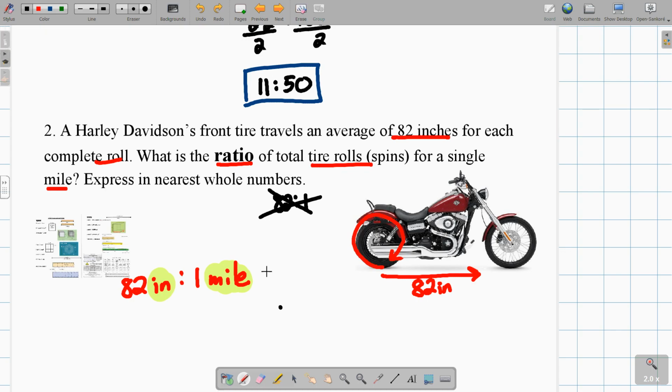So we're going to go 5,280 feet, but the problem is we want to get into inches, so we have to times that by 12.